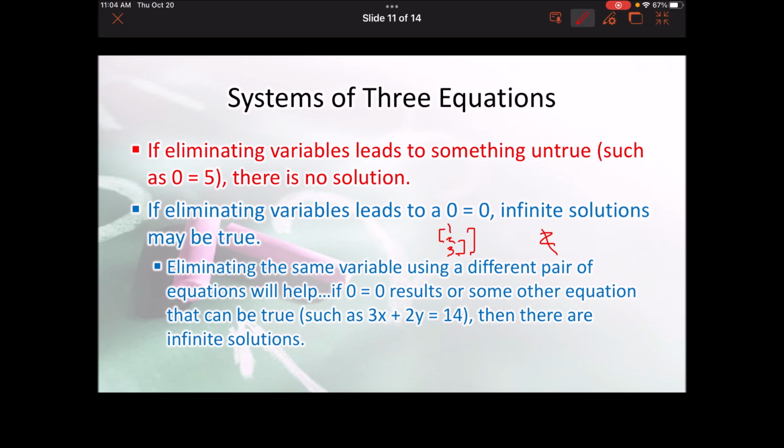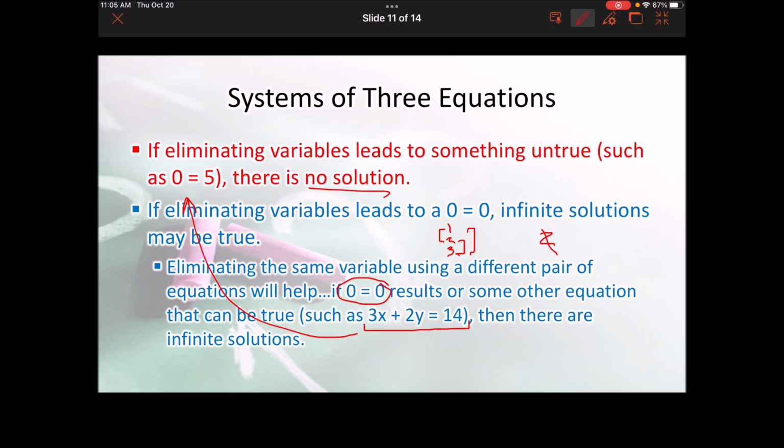If I eliminate the same variable and I end up with something like 0 equals 0, or if I end up with something that could be true, such as 3x plus 2y is equal to 14, then I can assume I have an infinite number of solutions. If I get an equation such as 0 equals negative 5, like what we saw up here, then that would tell me that there is no solution.